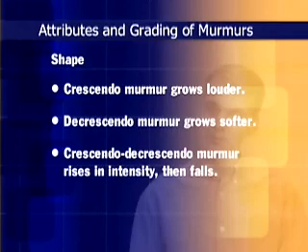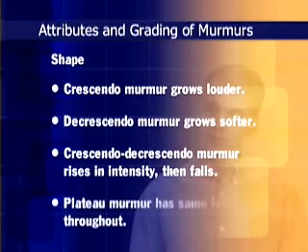A crescendo-decrescendo murmur, as heard with aortic stenosis, first rises in intensity, then falls. A plateau murmur has the same intensity throughout.